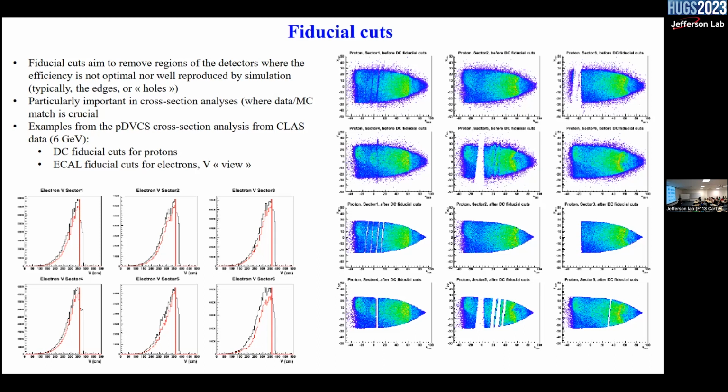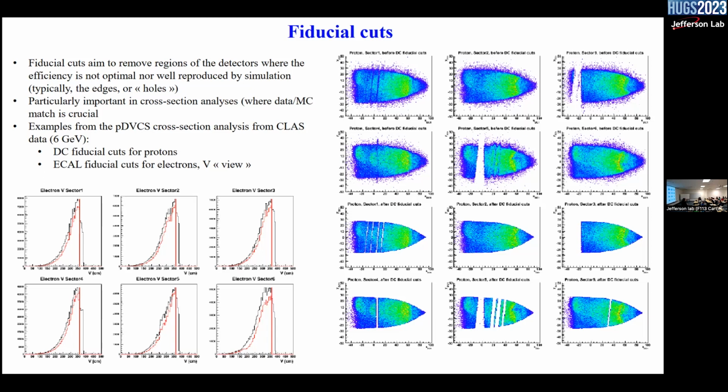One thing that we do to make sure that we select events only in the regions of the detector that are well known is what is called fiducial cuts. The goal is to remove the parts of the detector where the efficiency is not perfect, and also where it's not well matched by the simulation, because when you do a cross-section, you're going to use simulation to correct for efficiency and acceptance of the detector.